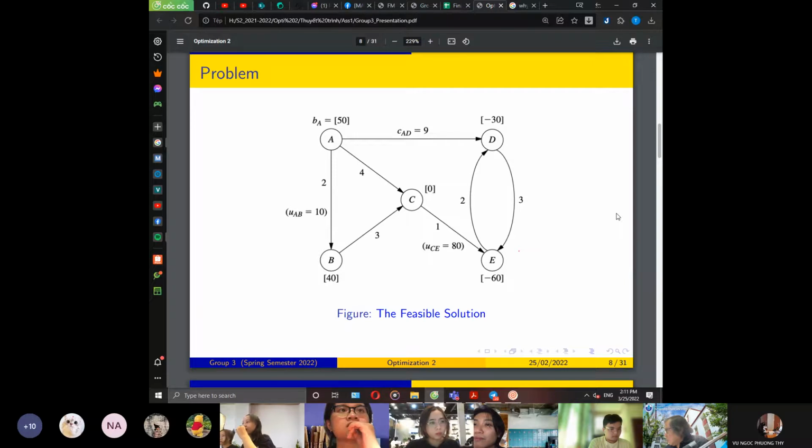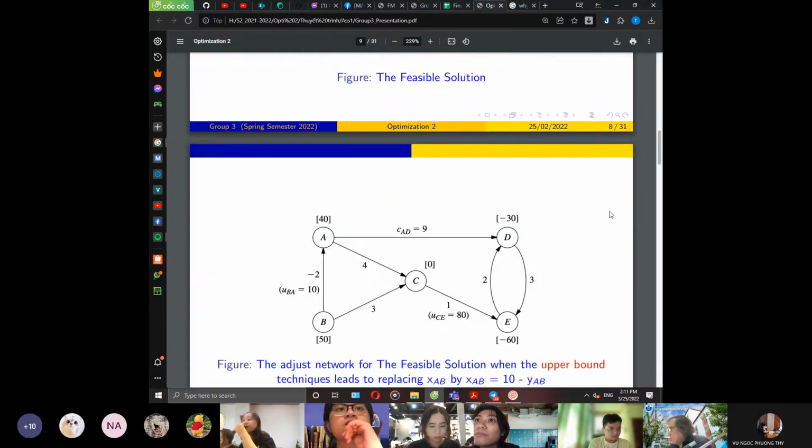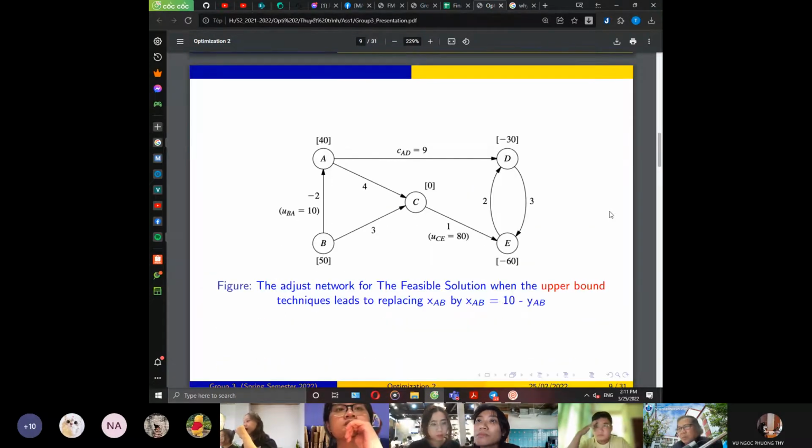The first concept is to incorporate the upper bound technique, which was described to deal with the arc capacity constraint efficiently. The capacity constraint is the lower bound or upper bound, and here we only mention the upper bound, which is xij less than or equal to uij, where uij is the upper bound of the arc.